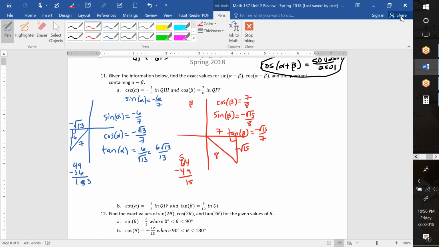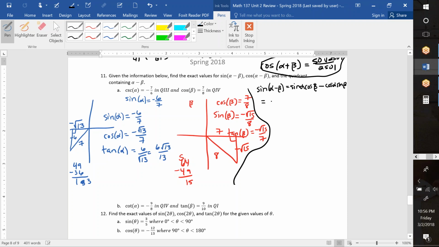Okay, so we're supposed to do sine of alpha minus beta and cosine of alpha minus beta. So let's do sine first. So sine of alpha minus beta would be social and agreeable. So sine of alpha paired with cosine of beta minus cosine of alpha with sine of beta.